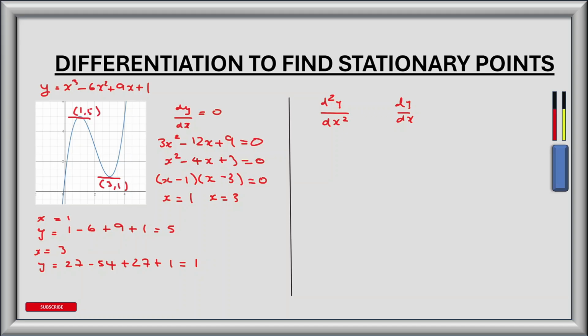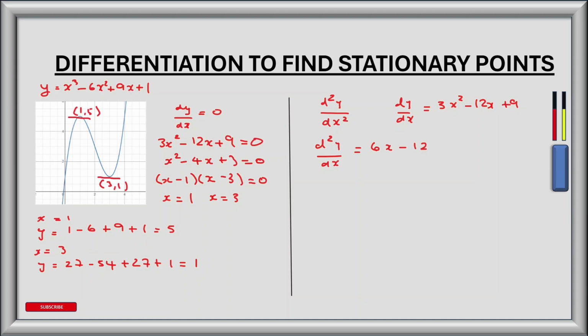We already have dy by dx, and we know it's 3x squared minus 12x plus 9. So d2y by dx squared is the derivative of this gradient function. So in this case, it's 6x minus 12.